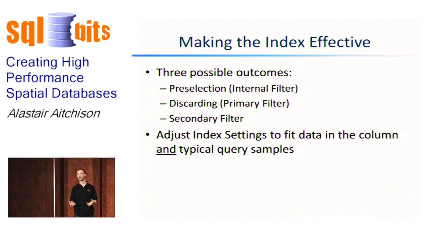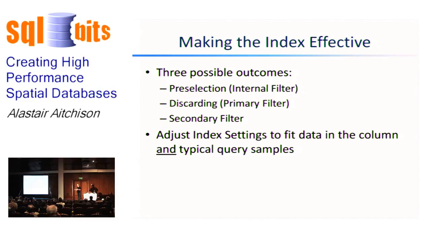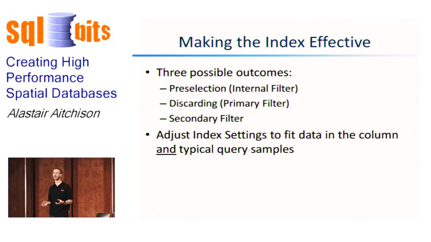One of the common problems I see occurring most often is people who choose index settings based on the contents of the table alone. For example, if you've got a table that only contains points, points of interest, you might think the best index is going to be high at every resolution of the grid: high, high, high, high. That's going to give you the smallest possible boxes, and the least false positive results.